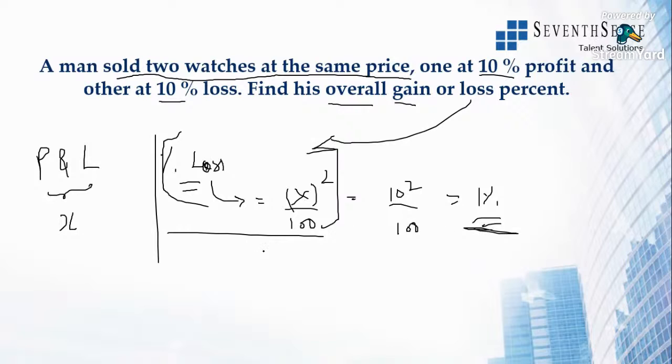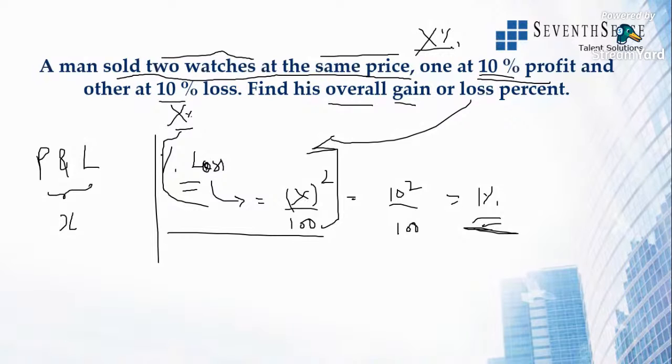So please make a note of this type of problem. If two commodities are sold at the same price, one at X% profit and another at X% loss, this is not Y%, it is X%, because both profit and loss are the same.